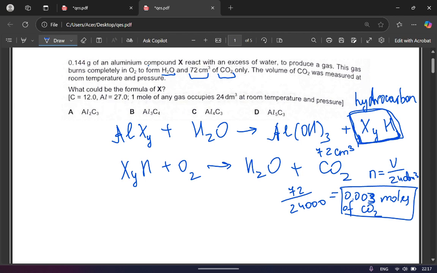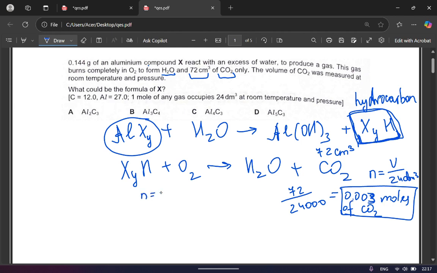Now, here there is a thing which we can use to determine the mass of carbon in this carbon dioxide. We can just use a simple proportion to find the mass of carbon in this carbon dioxide, to determine the mass of the carbon in that compound X. To do that, first of all, we should find the mass of 0.003 moles of carbon dioxide.